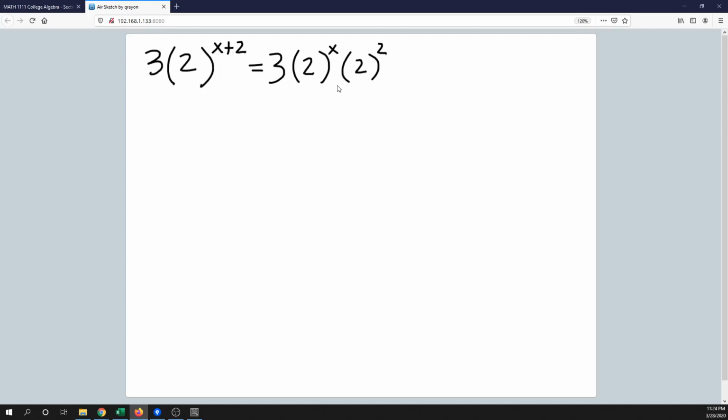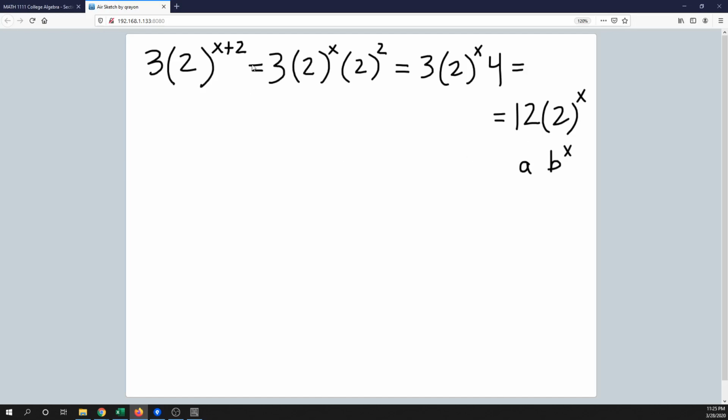And we know what 2 squared is. That's just 4. So now I have 3 times 2 to the x times 4. Well, 3 times 4 is just 12. So this function really is just 12 times 2 to the x. And now you can see that's exactly in that format, a times b to the x.